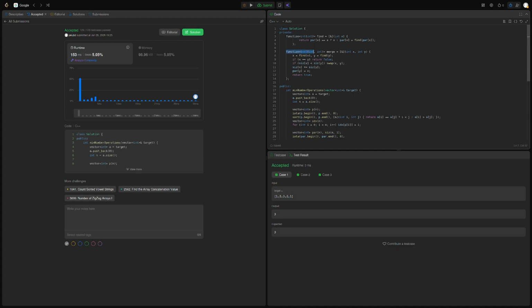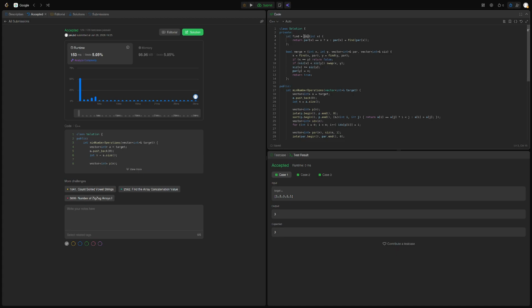Let's change this to bool and remove this, and then let's do vector int parent, vector int size. Let's pass parent here and also here, and then blah blah blah.